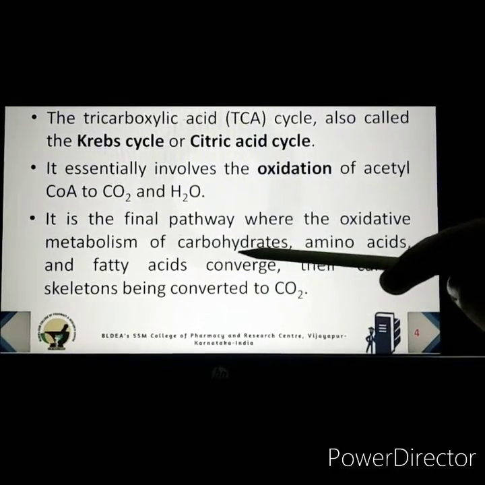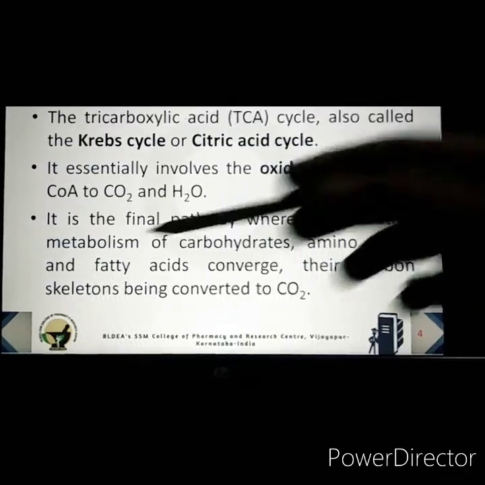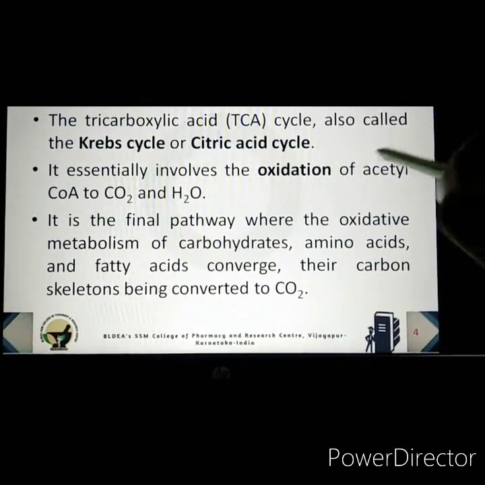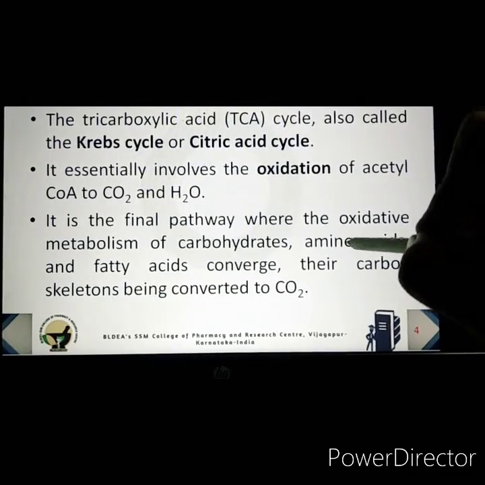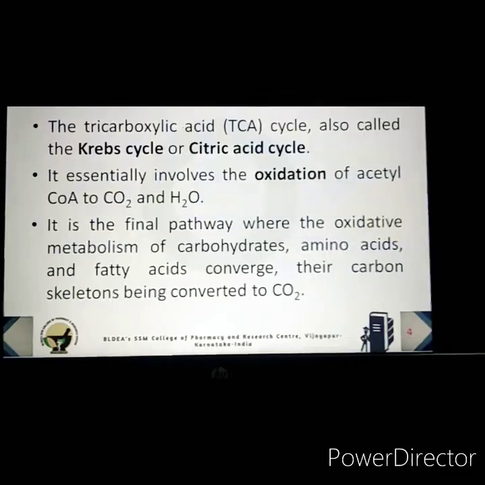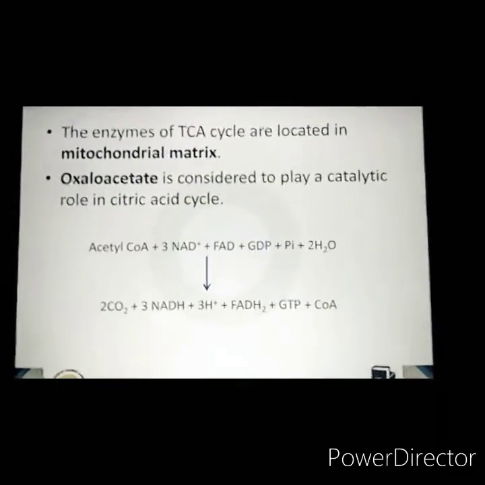It is not only for carbohydrates, it can also take place for amino acids and fatty acids, wherein finally acetyl-CoA is produced as a final oxidative product of different metabolic reactions, and this acetyl-CoA undergoes TCA cycle to produce carbon dioxide and water.